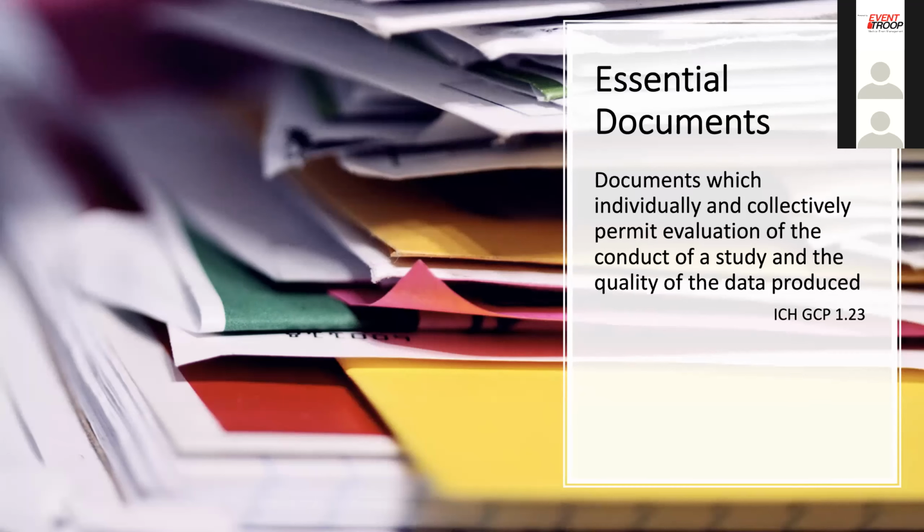So part of essential documents are source documents. So source documents are essential documents. But there are also many, many other essential documents that make part of a clinical trial, and I'm going to explain those to you now.